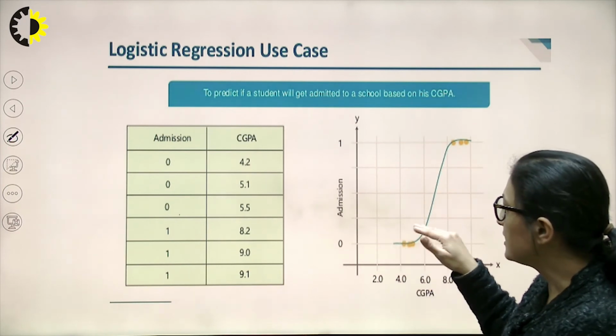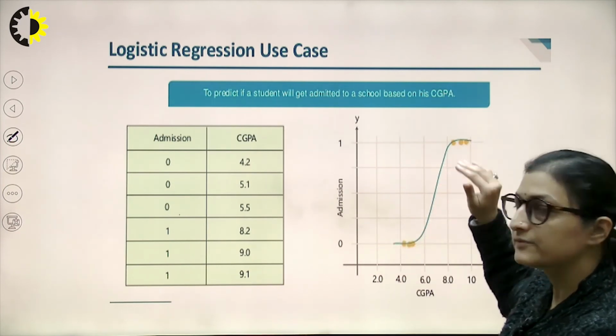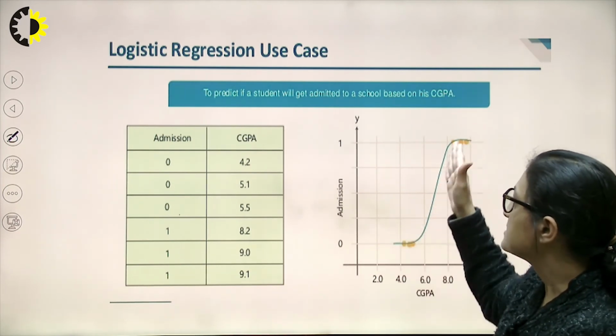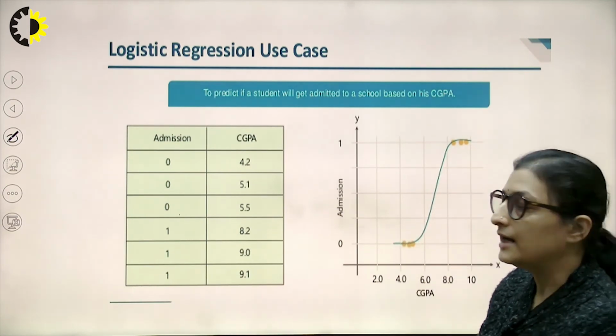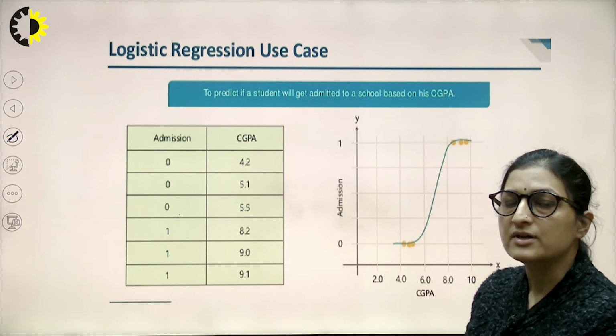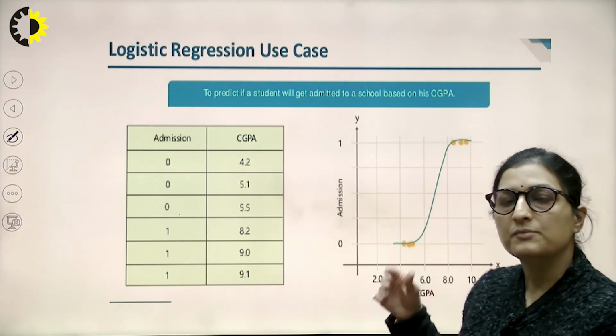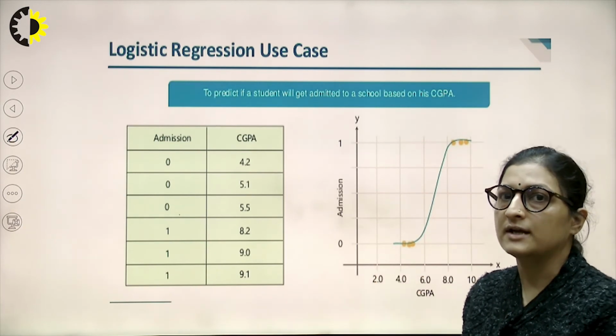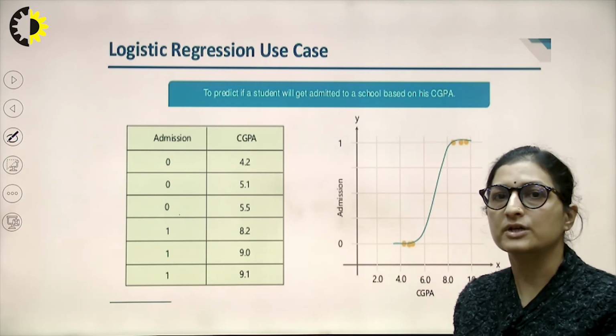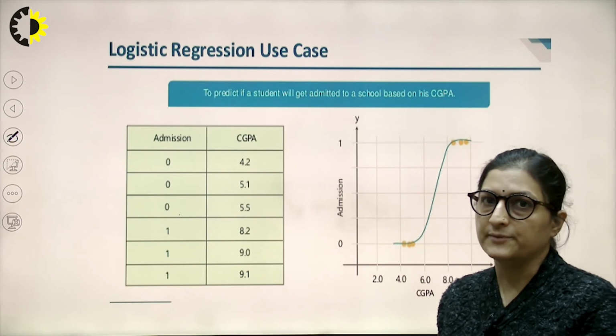Now, from this data I will plot a curve across this data such that it fits these instances. And as per the equation of this curve, I can use this equation to calculate whether the student would get admitted or not for any future instances that I might see.